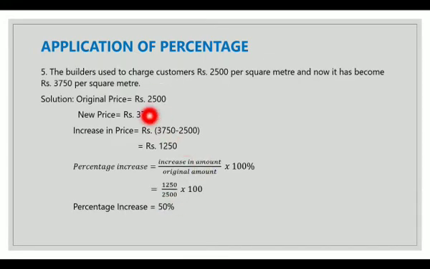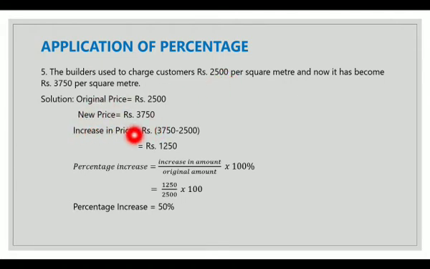The next question. The builders used to charge customers rupees 2500 per square meter and now it has become rupees 3750 per square meter. Solution. Original price, that is 2500. New price, that is rupees 3750.